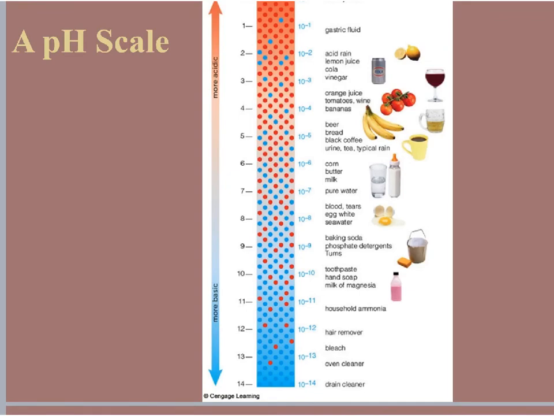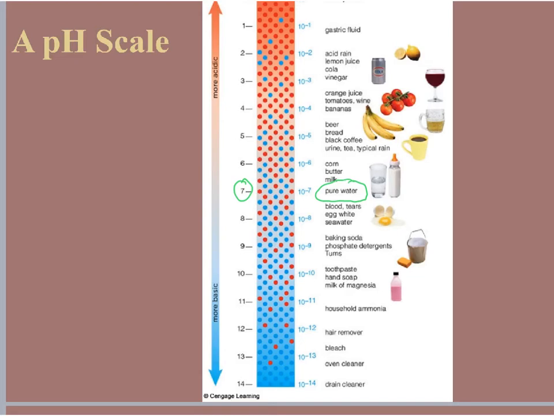And let me give you an example of common household items that have a differing pH. So here's 7, here's neutral. So pure water, and we're talking not necessarily out of your tap, but like filtered water, should have a pH of about 7. Milk has a pH of about 7.